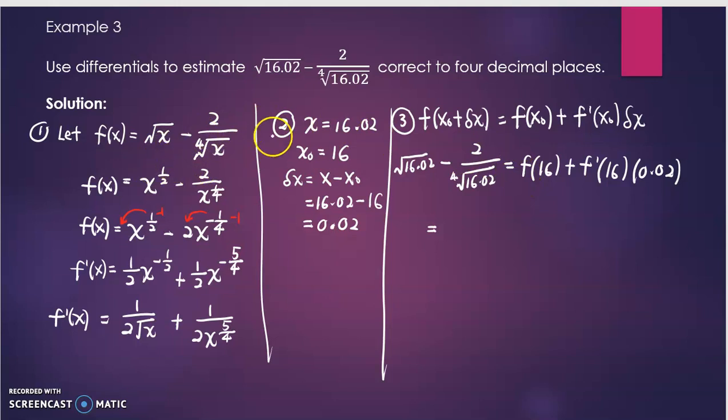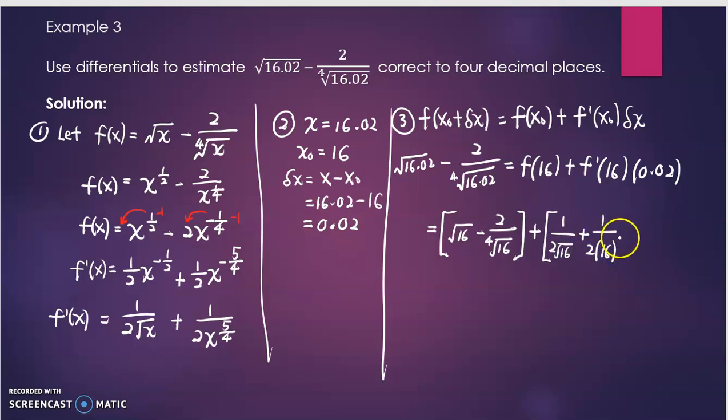This is our function of f(x). So let's say I put a square bracket. So from here is square root of 16 minus 2 over the fourth root of 16, close the bracket, plus f prime 16. So our f prime x is here. So from here, I have 1 over 2 times square root of 16 plus 1 over 2 times 16 power of 5 over 4, multiplied by 0.02.